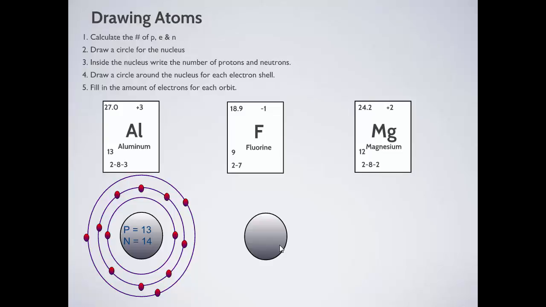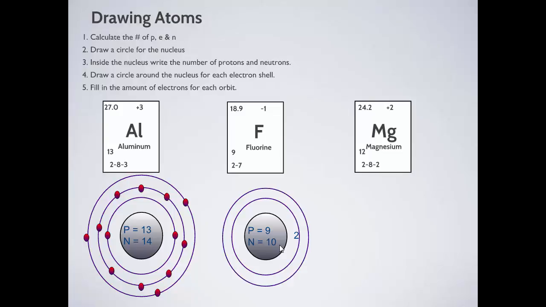So we've got fluorine here. How many protons in fluorine? 9. How many neutrons? 10. Okay, its electron configuration is a little different. Its first shell is filled up with 2 electrons. The second shell is not completely full. It has 7. So another way we can do this sometimes is we write just the number.